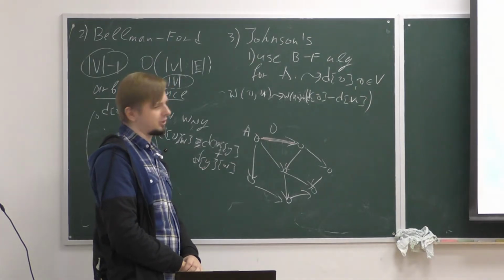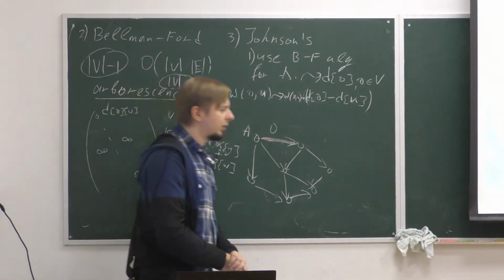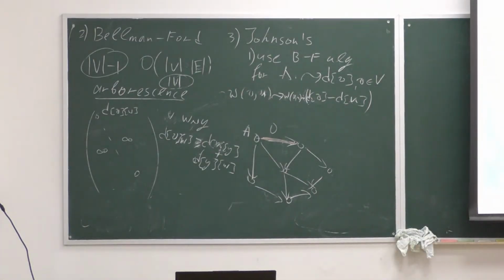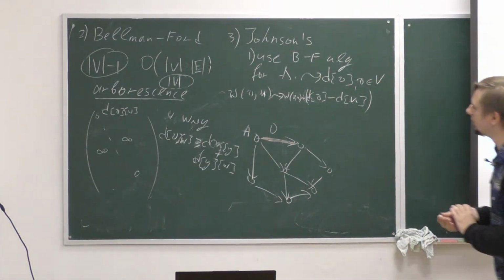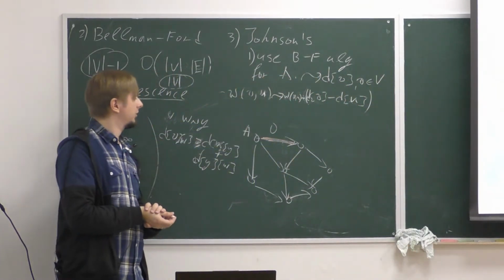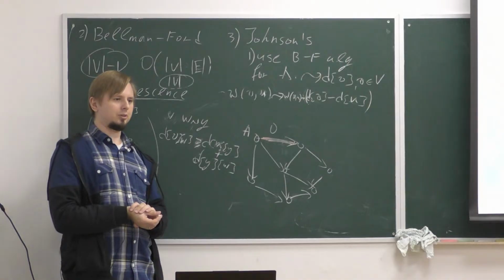Not vertices, edges. 0 will be for any edge that belongs to the spanning arborescence.